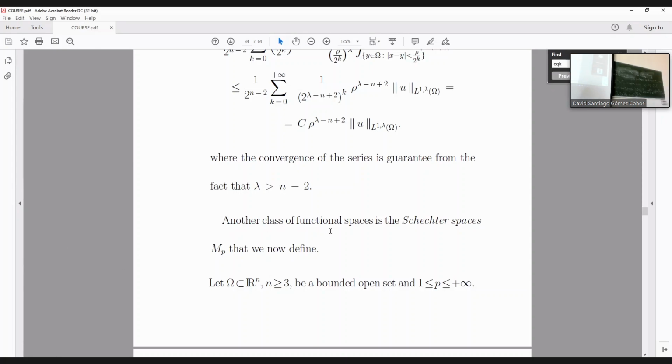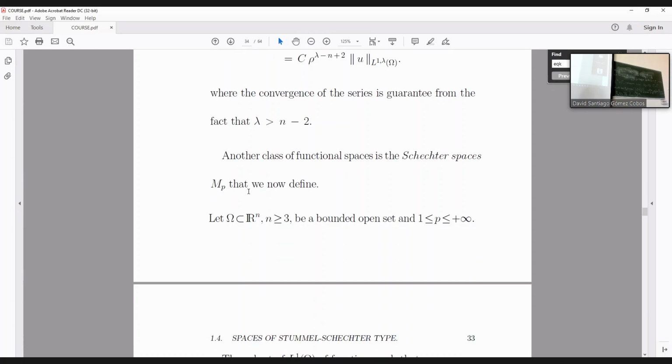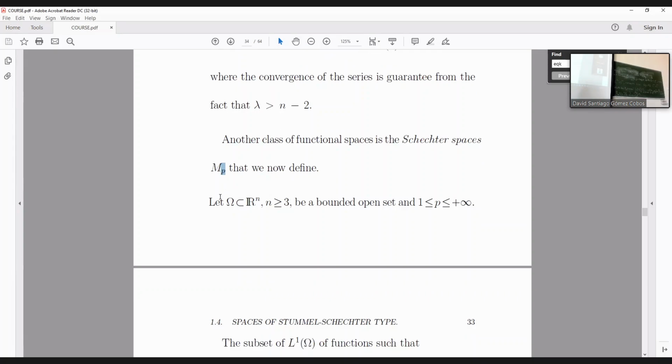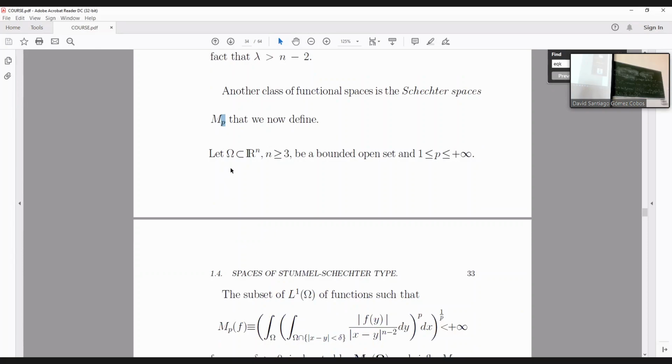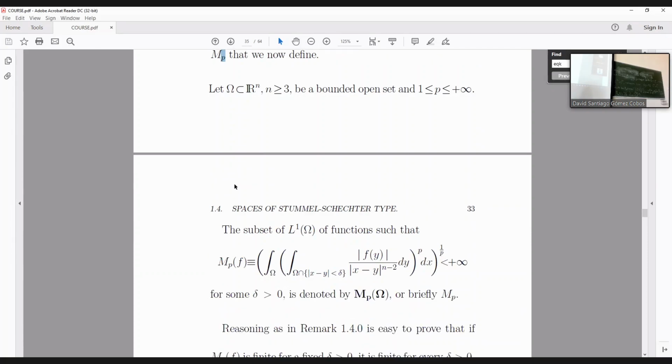Another class of function that we will consider is the Stummel-Kato space MP. MP is written here. MP is recalled later, but now we give the definition. Let us consider omega in R^n, n more or equal 3, a bounded open set, and p as usual between 1 and infinity, but could be 1 and could be infinity.